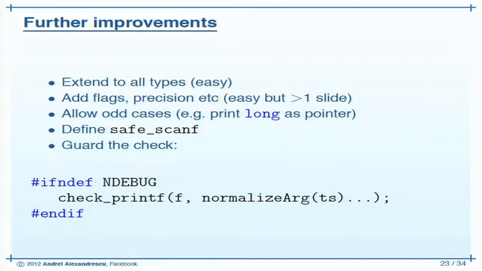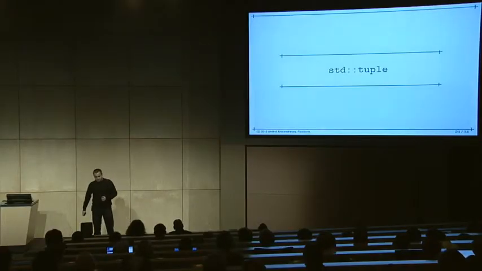We could allow odd cases, such as when some people pass along and expect to print it with a pointer format, or vice versa. Those should be allowed. There's no harm in doing it. You could define safe scanf, which is even better because scanf is even more dangerous to get wrong, and so on and so forth. So much for printf.